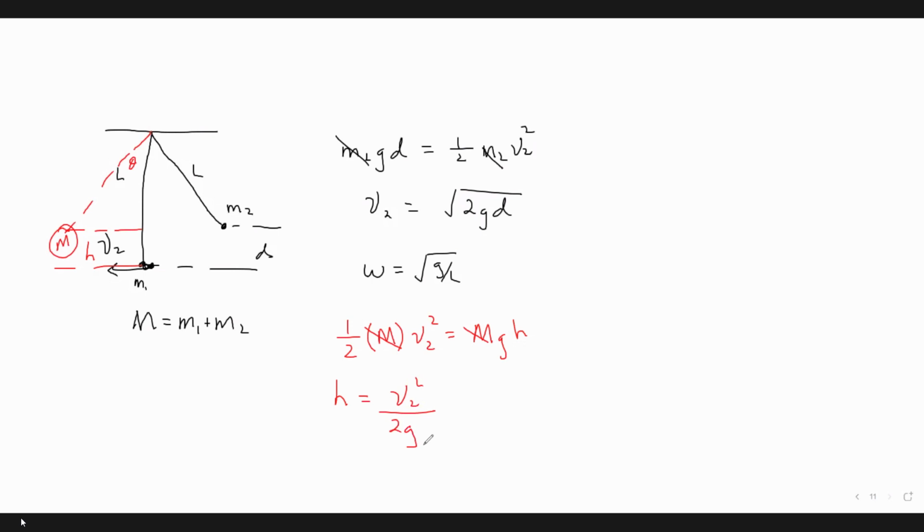Okay. Now, look at the geometry here. This height is a height h. This distance right here is L minus h.